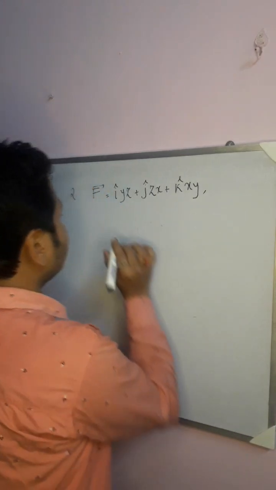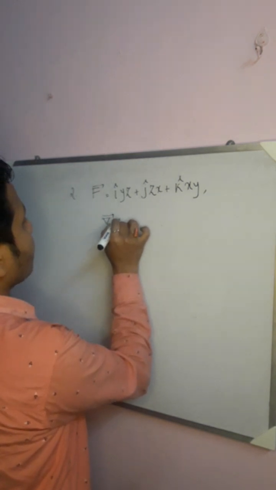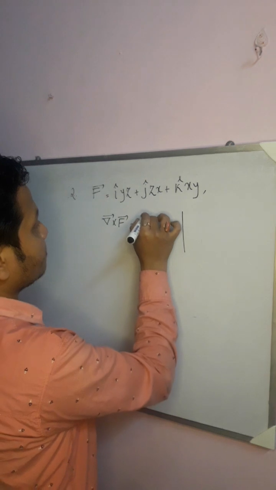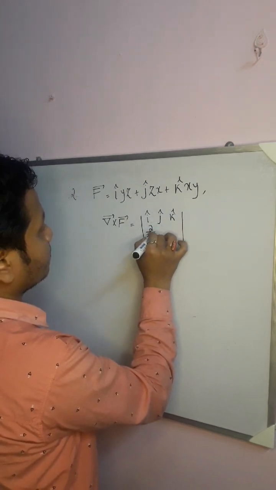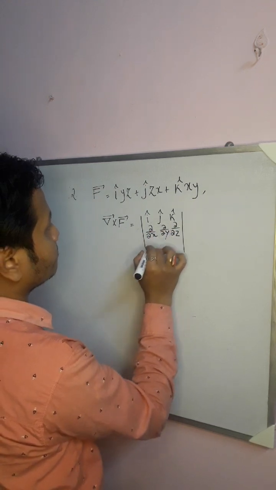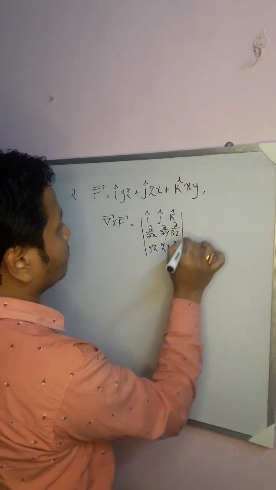It's simple. We have to find out curl F. This is simply the determinant of i j k, del/del x, del/del y, del/del z, and yz, zx, xy.